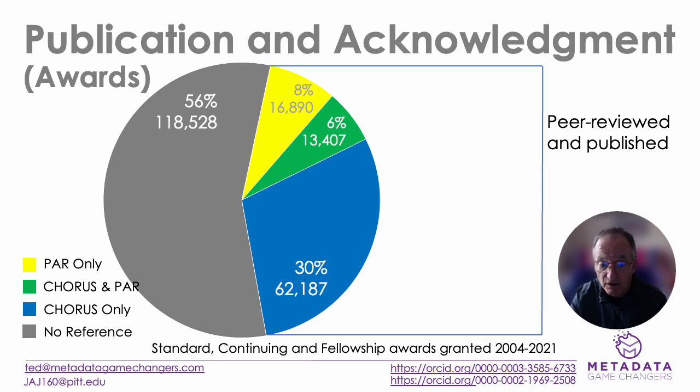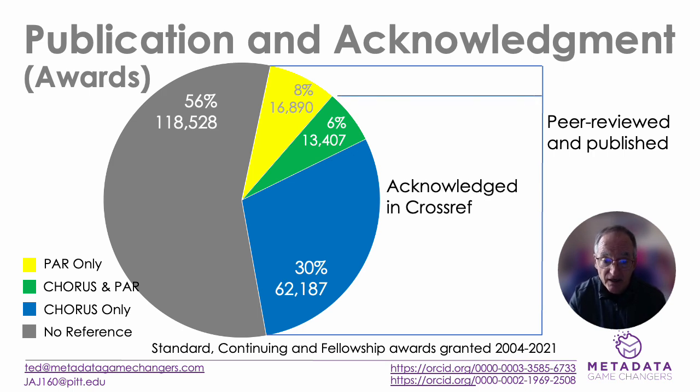PAR also limits, in the NSF policy, things that go into PAR to things that have also been peer-reviewed and published. So all of the things in the blue, green, and yellow slices here have been peer-reviewed and published.